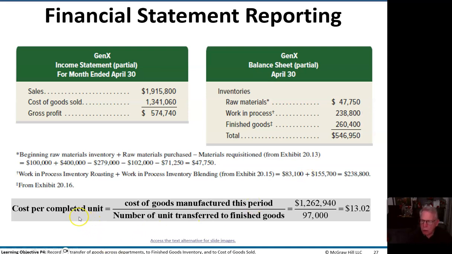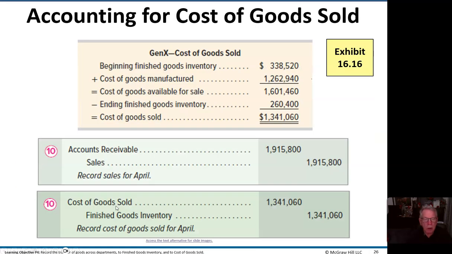Okay, the cost per completed unit then can be calculated relatively easily by taking the cost of goods manufactured during this period. And you'll remember that the cost of goods manufactured is here.